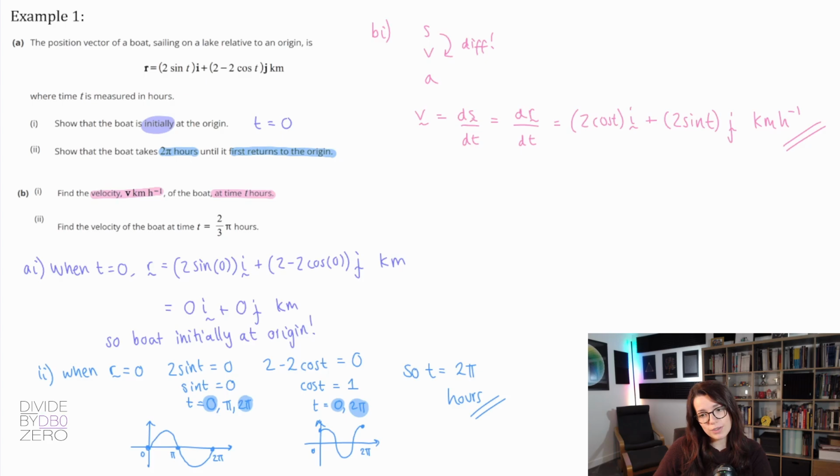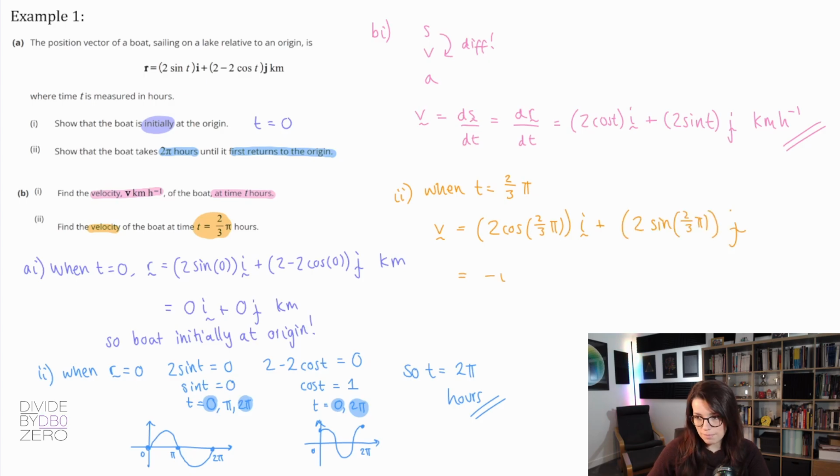And then for part 2, they want the velocity at time t equals 2/3 pi. So all we need to do is sub in 2/3 pi into the velocity equation. So when t equals 2/3 pi, v would be this. When you work that out, you get minus i plus root 3 j, kilometers per hour.